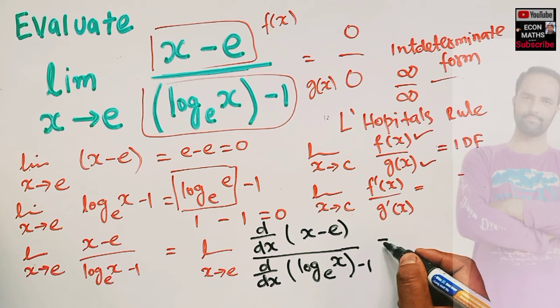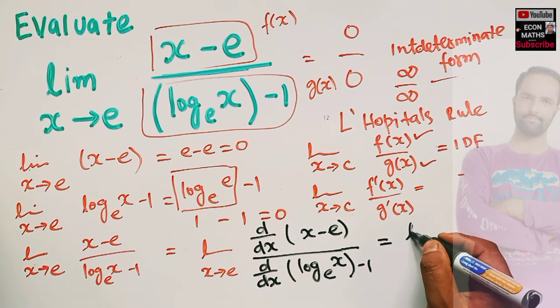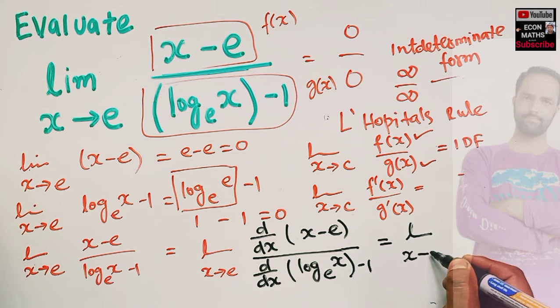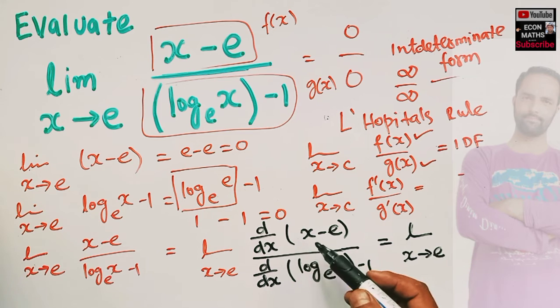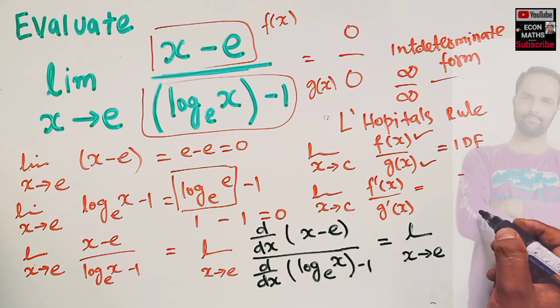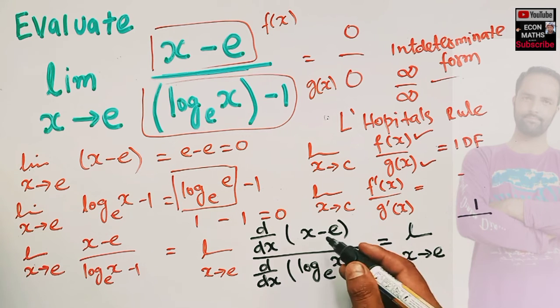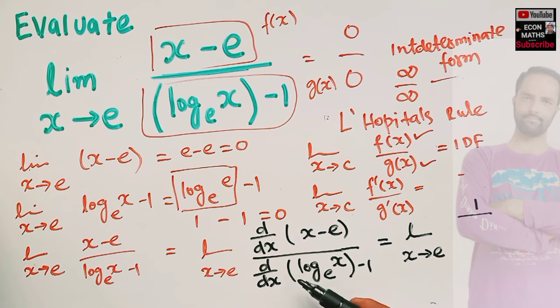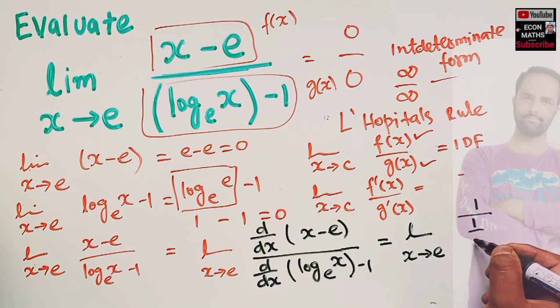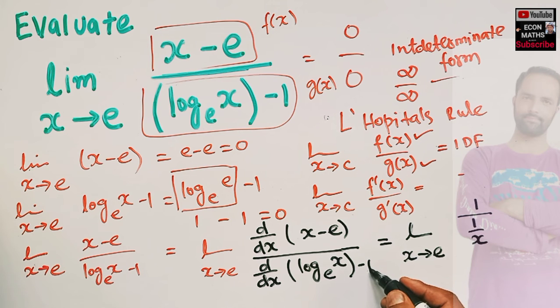Which comes out to be the limit as x tends to e. Now the derivative of x is 1, so we are left with only 1 here, and the derivative of e will obviously be 0. In the denominator, the derivative of log x comes out to be 1 upon x, and the derivative of the constant is 0.